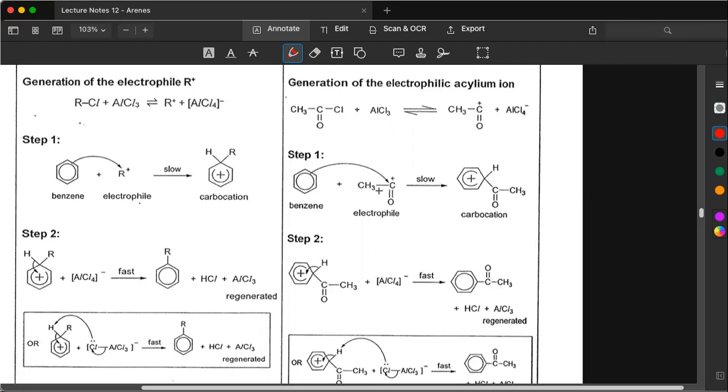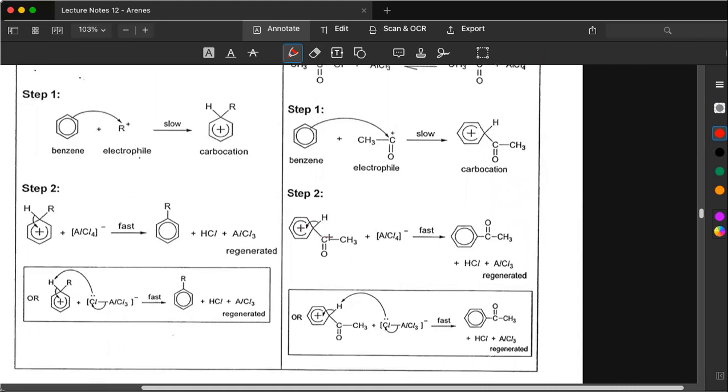Then this becomes an electrophilic attack, breaking the delocalized pi electron system. And then you have this joined to the C, because the C is the central carbon, that is the electrophile part. And then the H goes back, returning HCl, right?